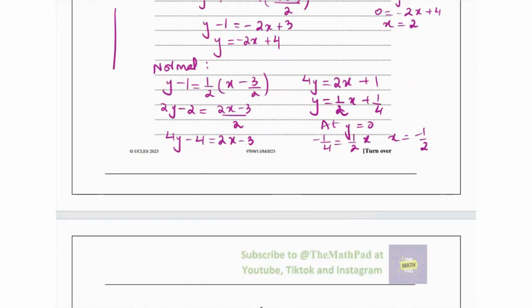So if we again draw a rough sketch over here, this is our tangent, this is 4, this is 2, and then the normal, this is negative 1 over 2, and this is 1 over 4. So this is negative 1 over 2 and this is 2.